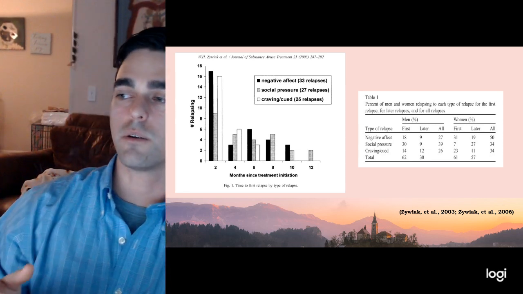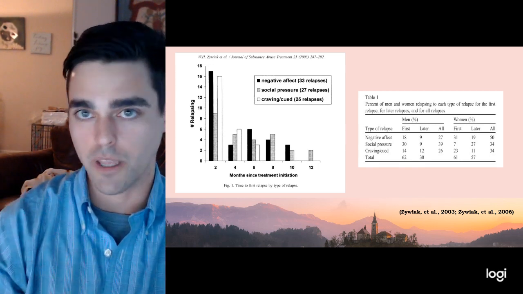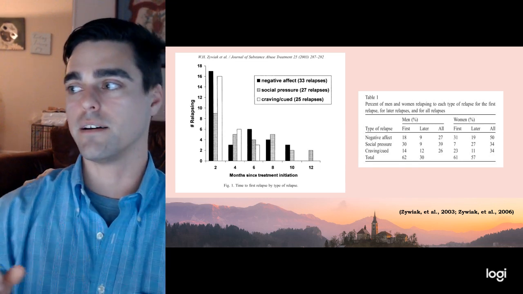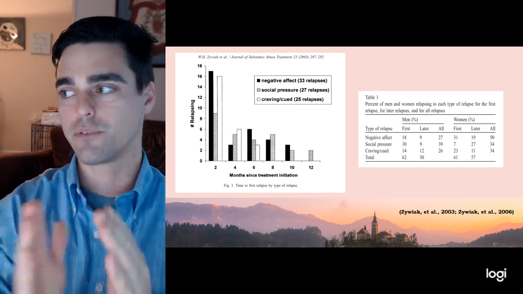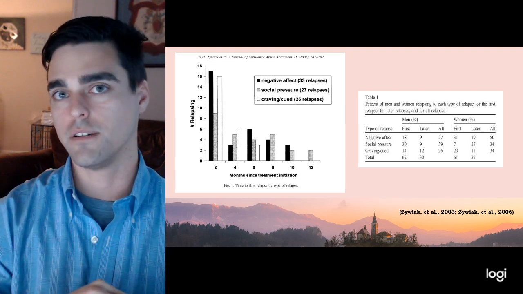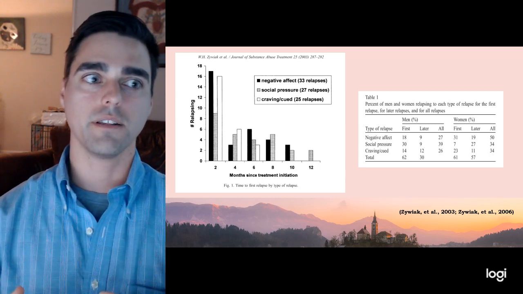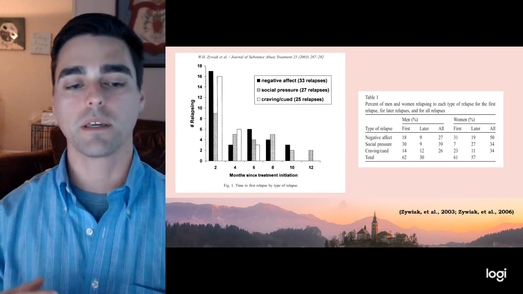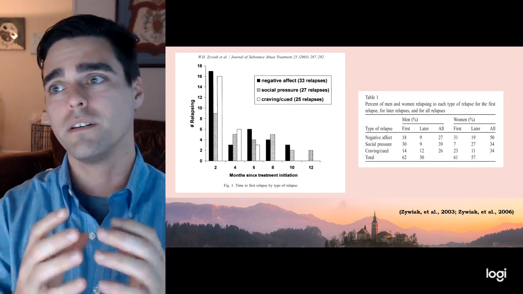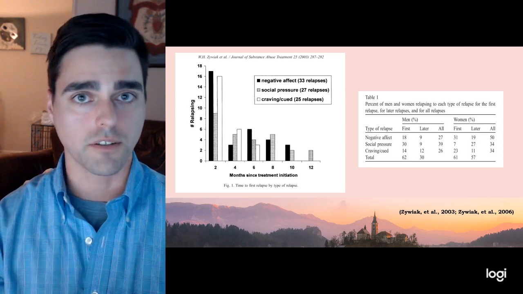What we can see is that there were some gender differences: men, to begin with, are much more likely to relapse from social pressure, whereas women were more likely, at least for the first relapse, to relapse because of either craving or the experience of negative affect. So it's important to keep gender in mind, because different things are going to be more likely to contribute to a recurrence of use for different clients.